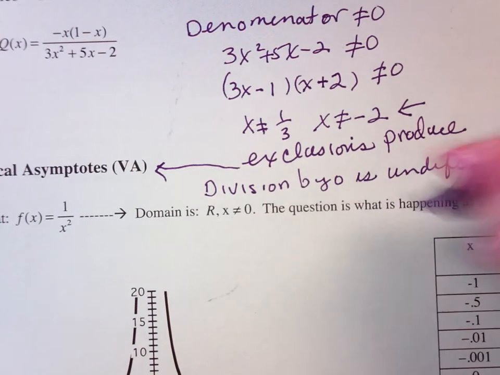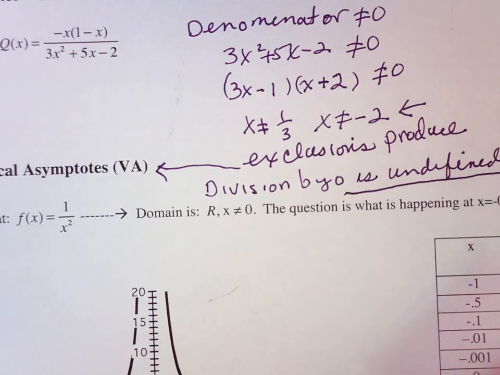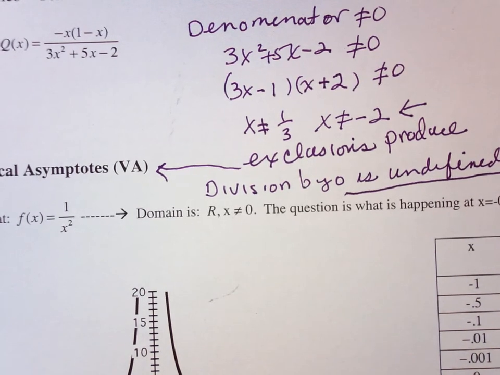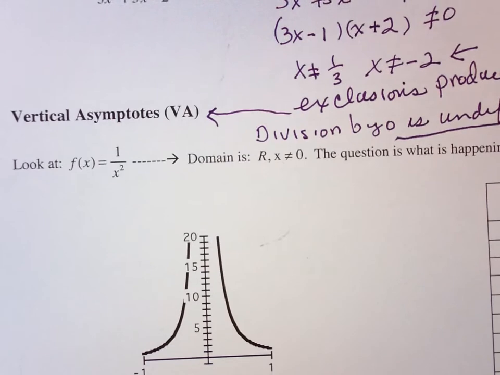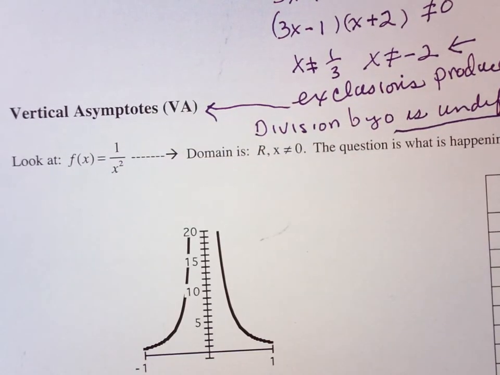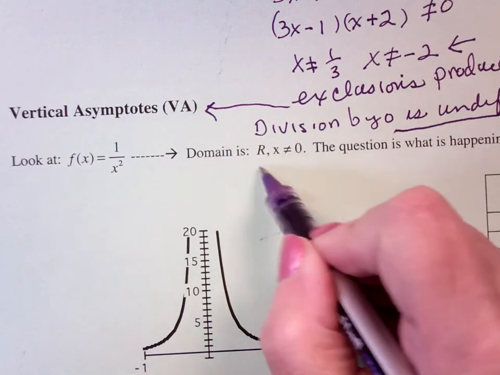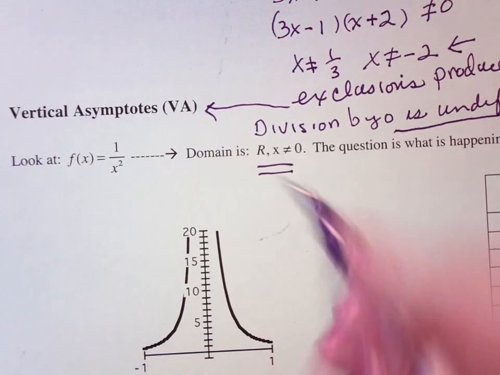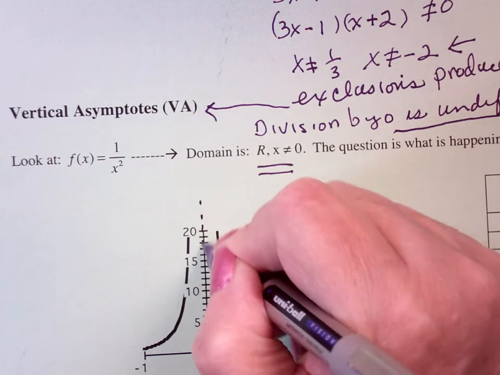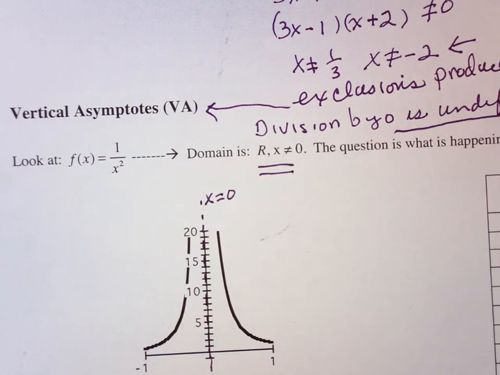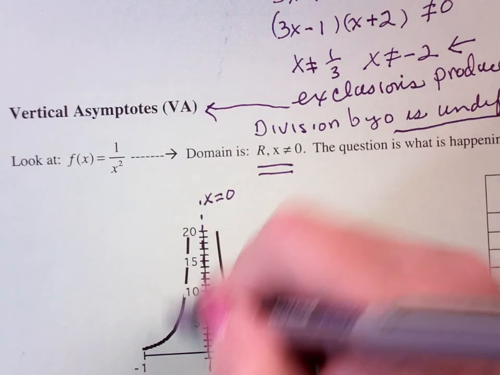So undefined. Now, what's that going to mean to us? It does mean something. What it means is something along this line. If I look at 1 over x squared, I know that the domain is all real numbers except 0. X can't be 0. Now look what happens at x equals 0.